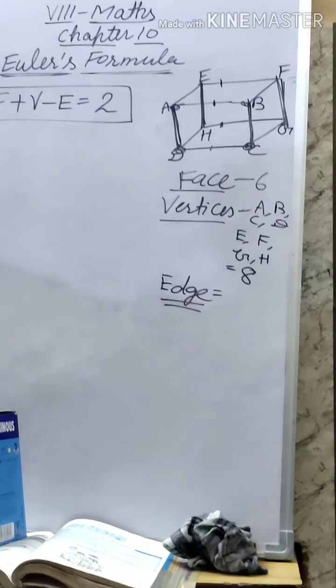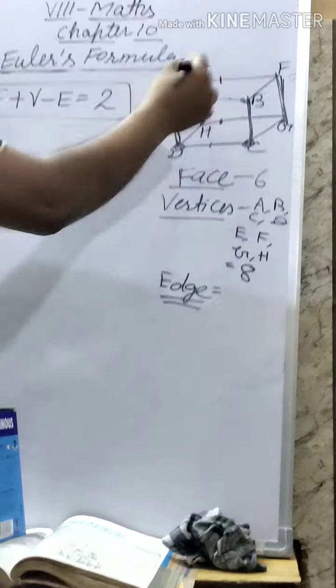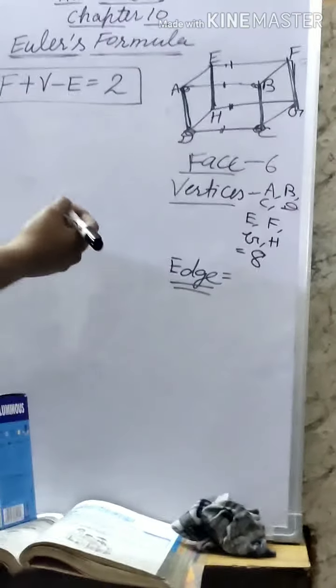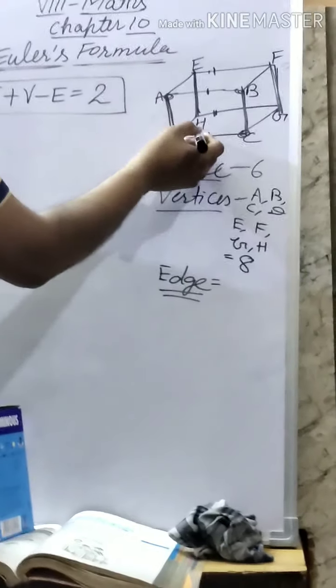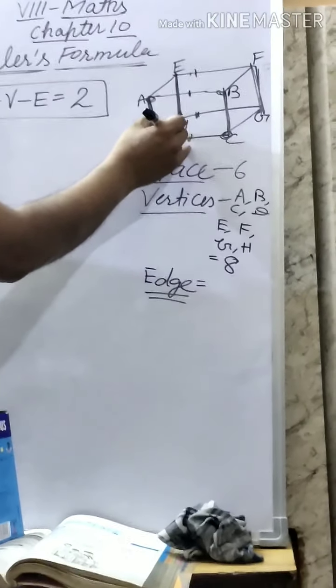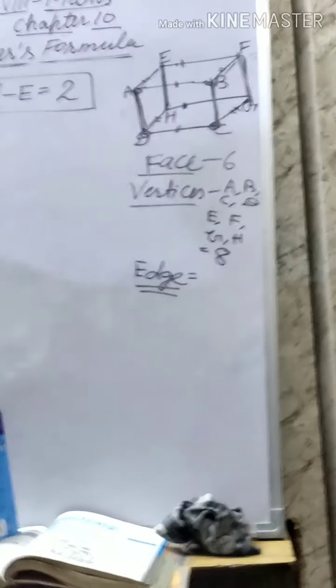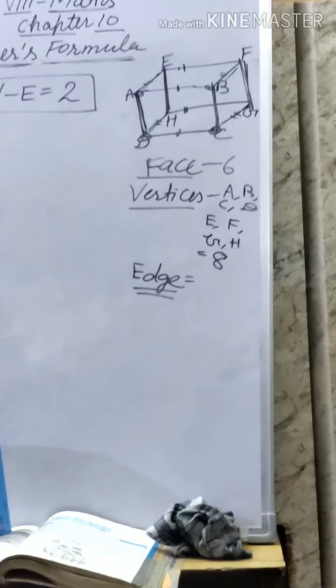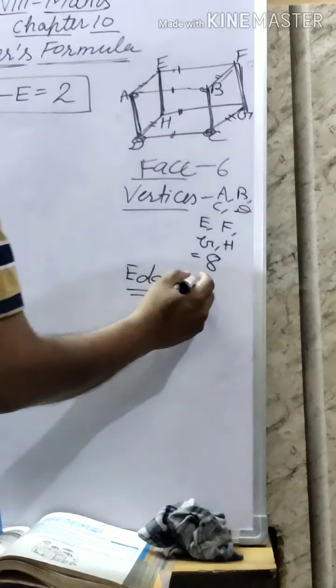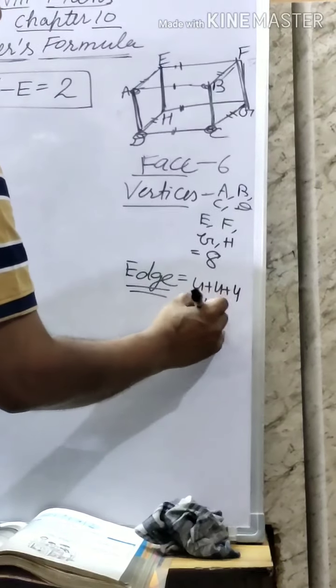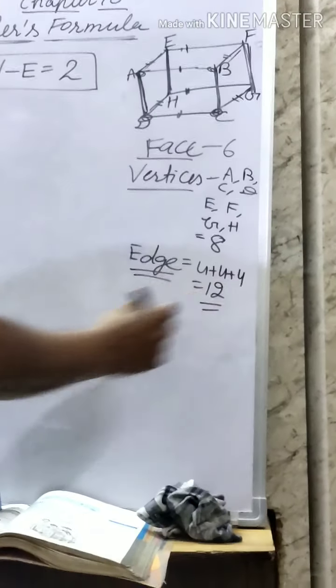Or 4 breadths are there. Which are the breadths here? You can see this one: 1, 2, 3, 4. So 4 lengths, 4 breadths, and 4 heights. In this way, total 12 edges are there.